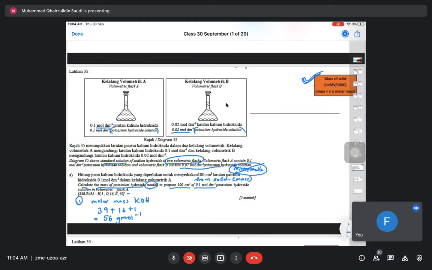So this is our molar mass for potassium hydroxide. According to this equation, number of mole equal to MV over 1000.